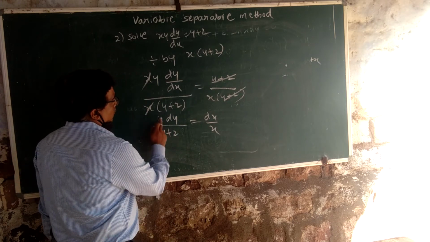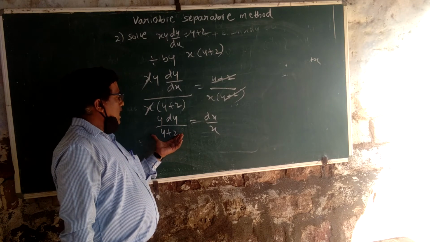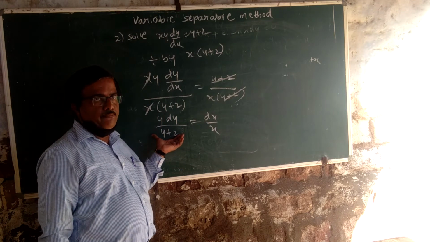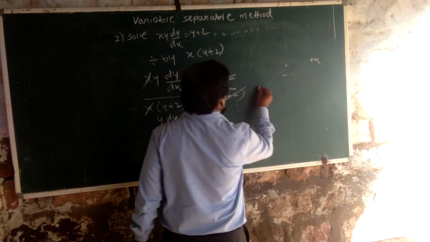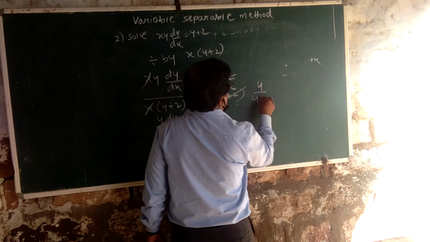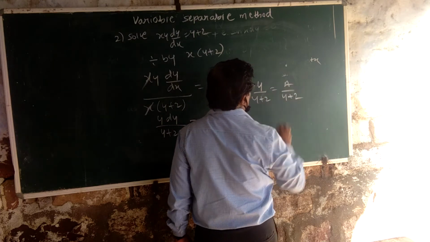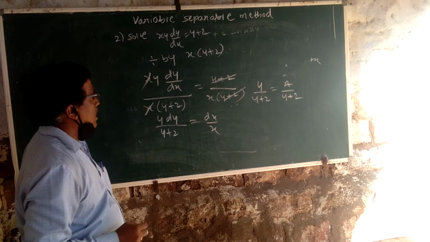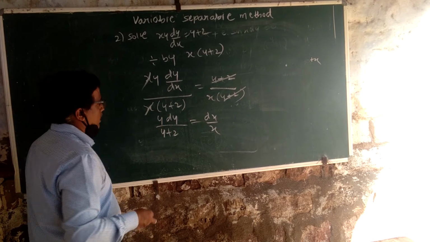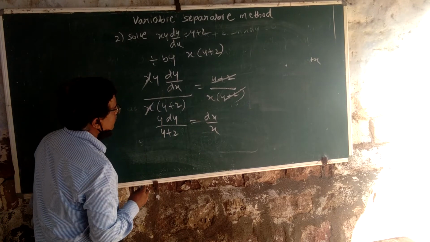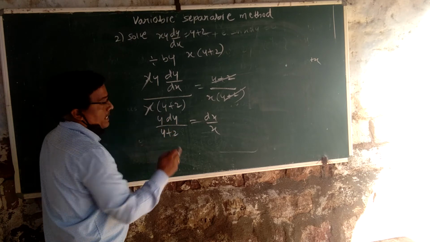Now I have to integrate y by y plus 2. I apply the partial fraction method, or otherwise you can do one thing: add and subtract 2.